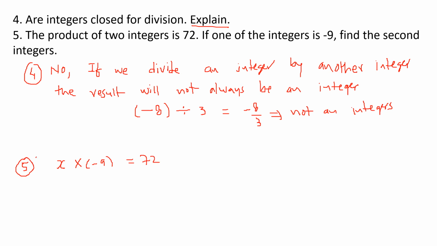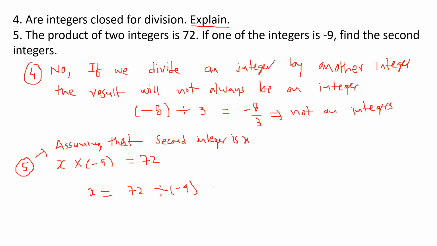So how will you find the second integer? Before that you can write, assuming that the second integer is x. So now x is equal to 72 divided by minus 9. It is the opposite process, we have already discussed.